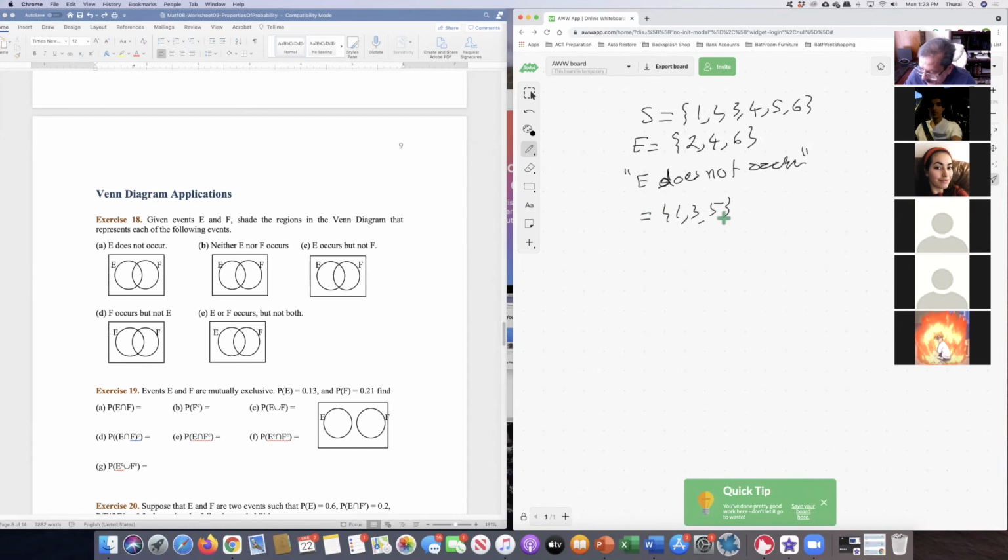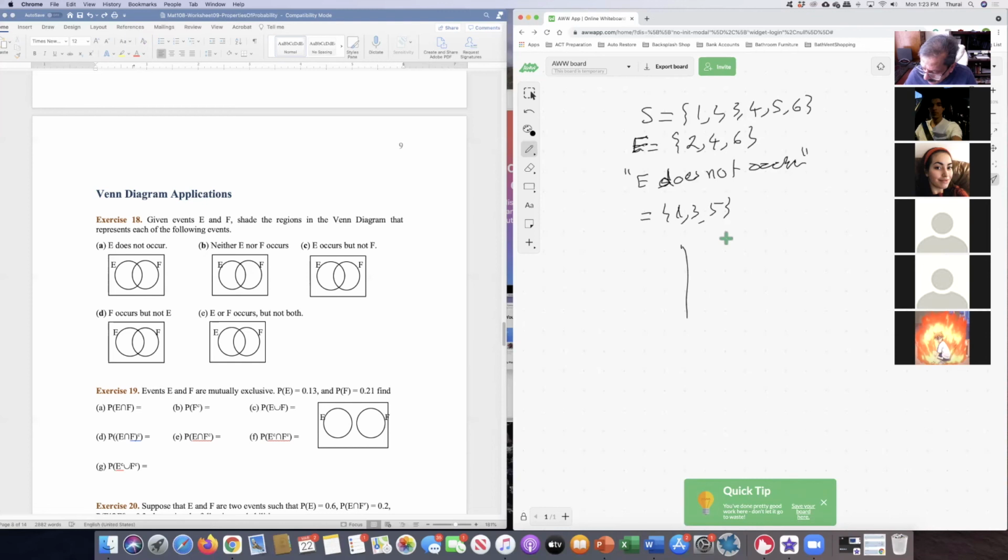If the outcome is 1, 3, or 5, then E doesn't occur, right? The outcome is not an even number. So E not occurring is the same as anything outside of E being the outcome.